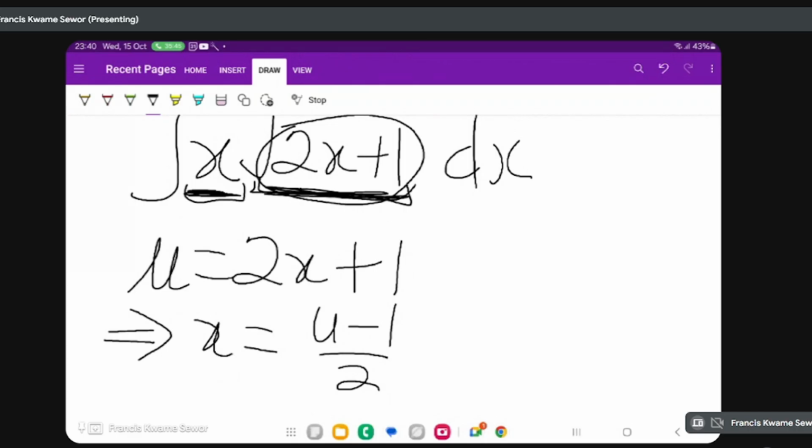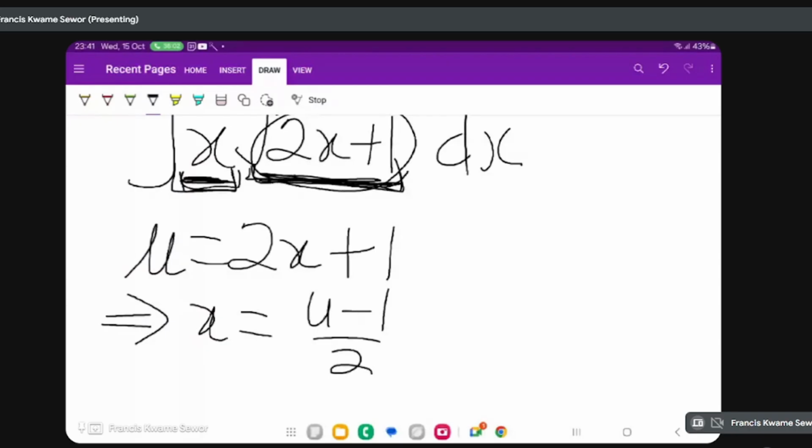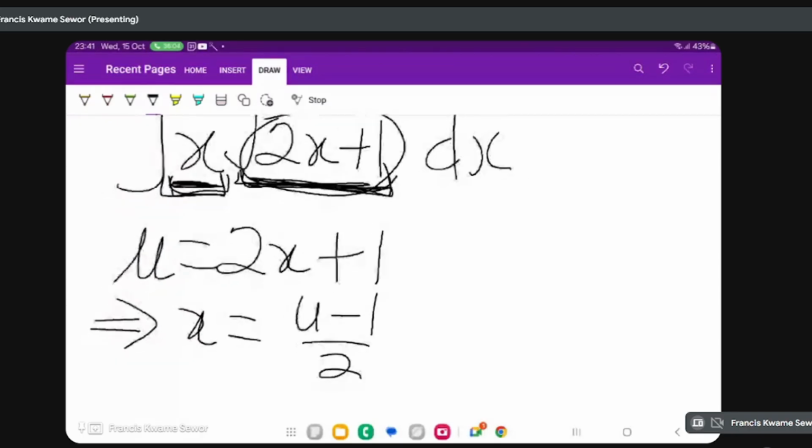Do you understand why I say they are linear? Yes. Basically, they have the same degree. So you need to be very careful for such cases. For such cases, substitution will also work. Yes.